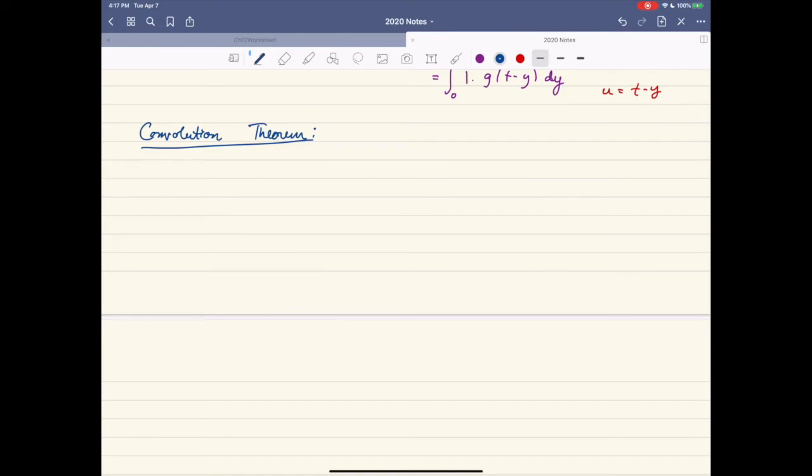Okay, so what I want to prove is that if I take the Laplace transform of a convolution, that's the product of the transforms, and this is what we're going to prove.